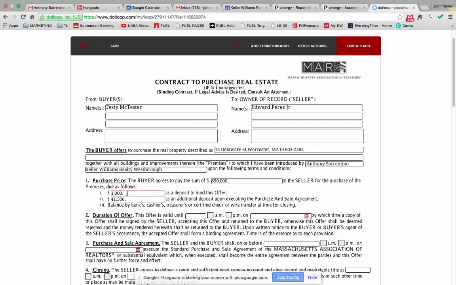And so what I explained to them is that, listen, I know that they don't have 3% or 5% as a down payment, and that's why they're using 100% financing. However, we want to make the seller feel comfortable. So you might put $1,000 down now and $1,000 down at purchase and sale agreement, and if you're financing 100%, then you can have those $2,000 that you put down as a deposit.